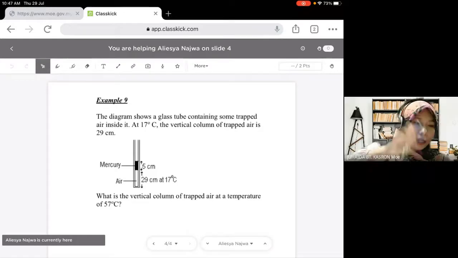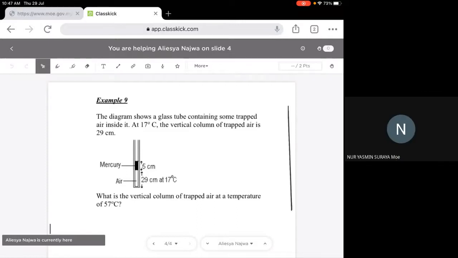Yes, madam. Please read the question. The diagram shows a glass tube containing some trapped air inside it. At 17 Celsius, the vertical column of trapped air is 29 centimeters. What is the vertical column of trapped air at the temperature of 57 Celsius?